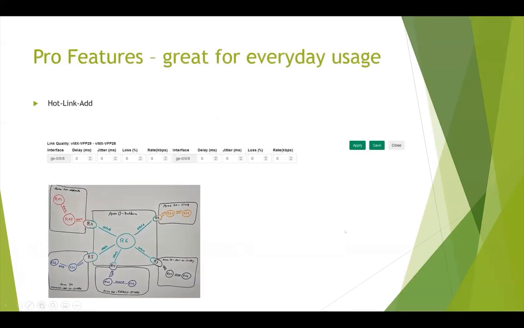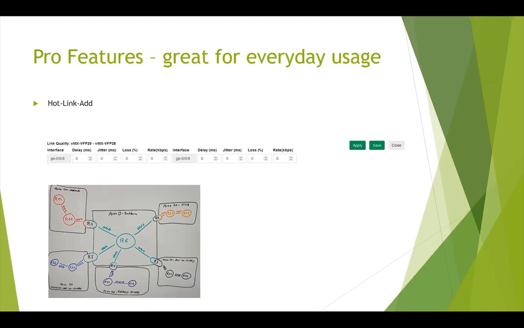So the first one, obviously, one of the most brilliant features, is the ability to add links, or the hot add link feature. What does that mean? In the community edition, you can create the links between your nodes as long as the devices are powered off. Now, when you're designing the lab, that's not a big issue. That's not a benefit that you get.